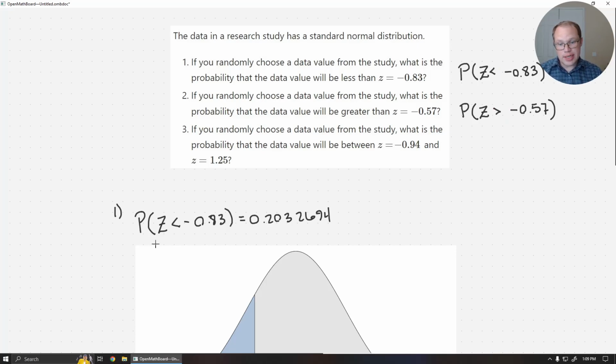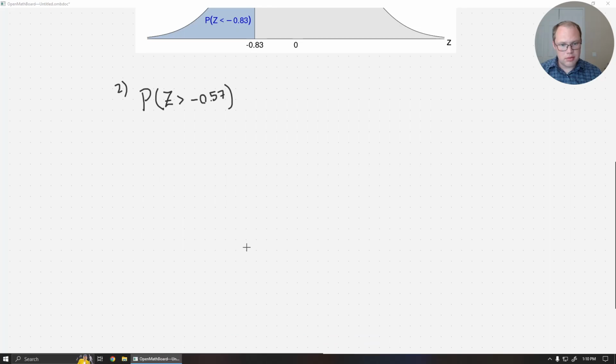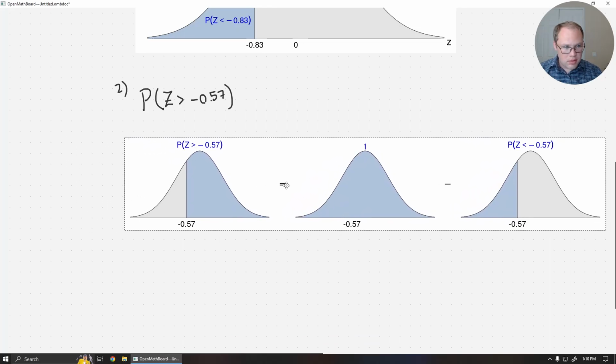This one's going to be a little trickier to calculate because it's a greater than rather than a less than. But as always, we should start by sketching out a picture. So let me get my nice picture here off to the side. We have something like this.